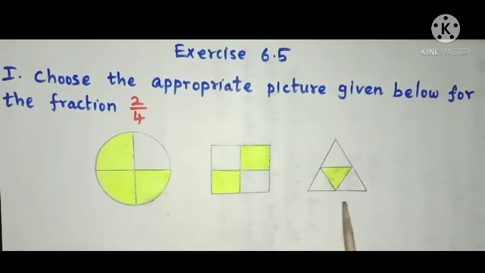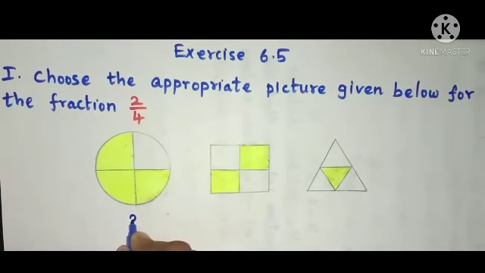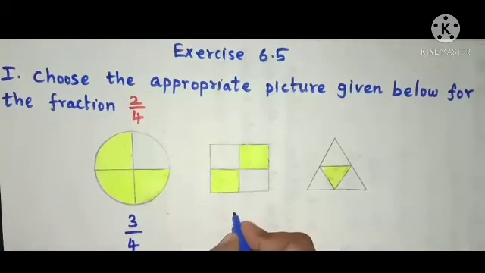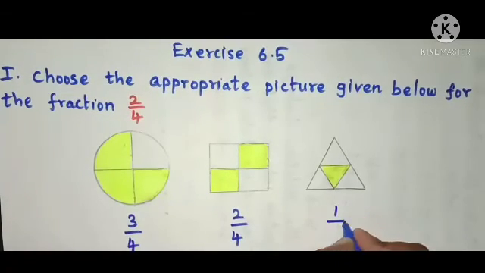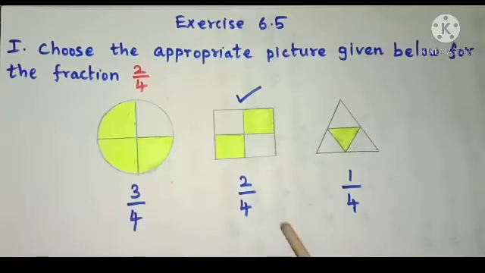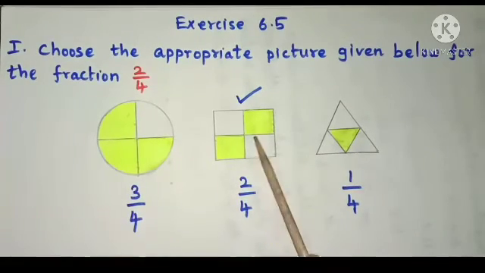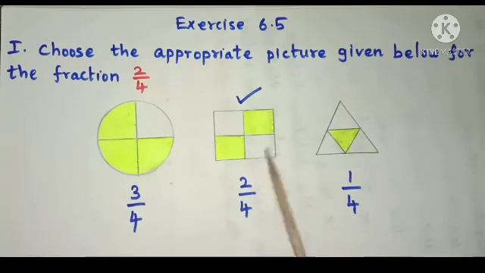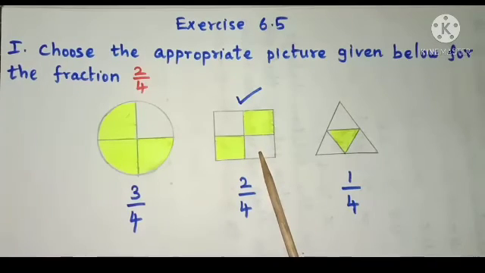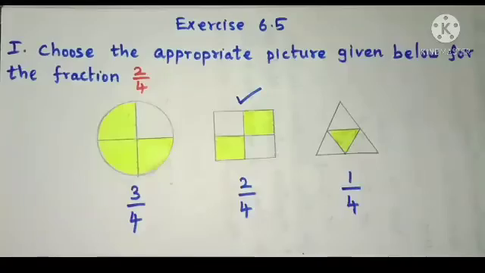Therefore, the fraction of shaded portion is 1/4. So children, here the fraction of shaded portion is 3/4, and here 2/4, here 1/4. As 2/4, the second picture is the exact picture which represents the fraction 2/4.